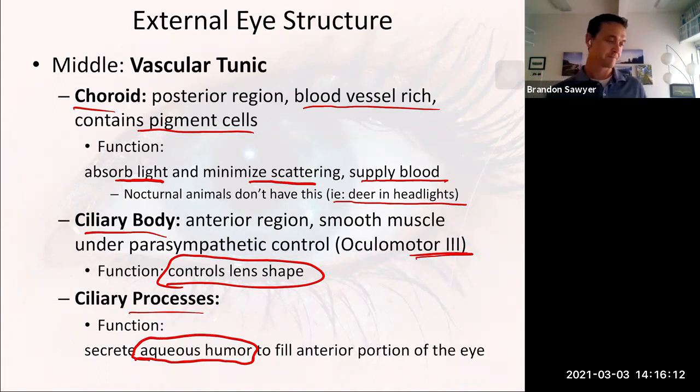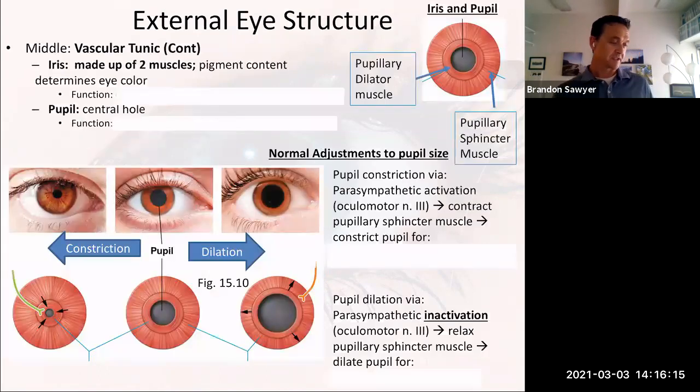Okay, all right, let's keep going, looking at this middle region still known as the vascular tunic. There's the iris, as we were just talking about, and that's made up of two different muscles. The pigment content, as we were just discussing with Hannah's question, determines the color of the eye.